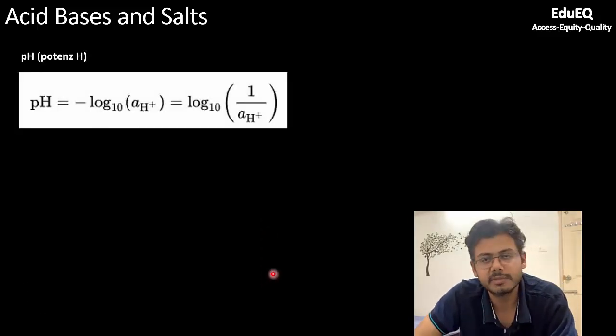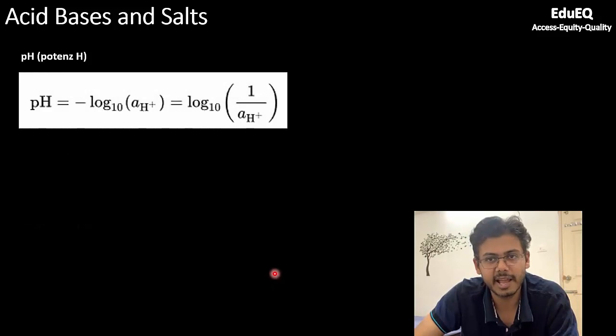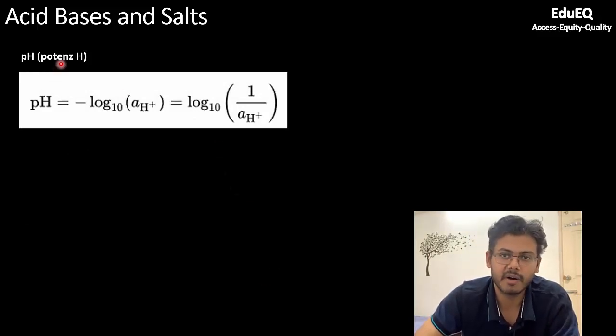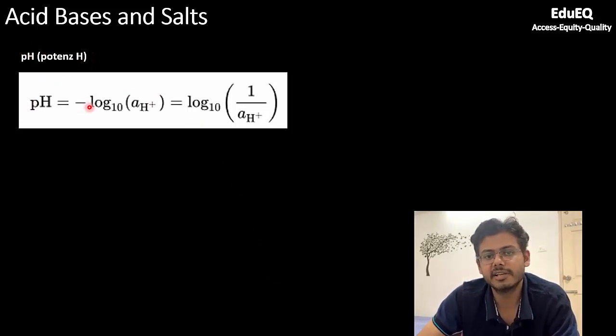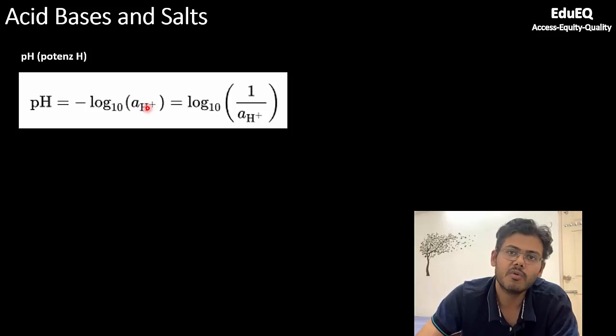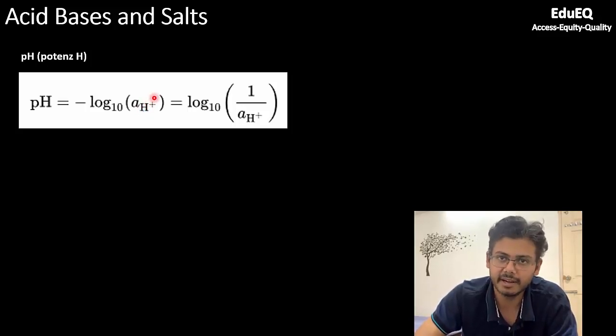Coming to the next topic, which is pH. pH means potens H, and potens is nothing but power or strength of hydrogen. That is the word from which pH is derived. Now if you look at the definition of pH, it is minus log 10 of the activity of hydrogen ion. A represents activity. For most solutions, which are ideal, you can replace this activity with concentration for the sake of this course.